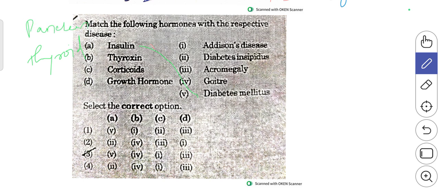So if there is a fluctuation, you will come across goiter. Then corticoids are produced by the adrenal gland. If there is hyper or hypo, then it leads to many diseases. The corticoid deficiency leads to Addison's disease. Then the last one, that is growth hormone. Fluctuation in growth hormone also leads to a disease, that is acromegaly. So the correct answer for this one, that is the third one.